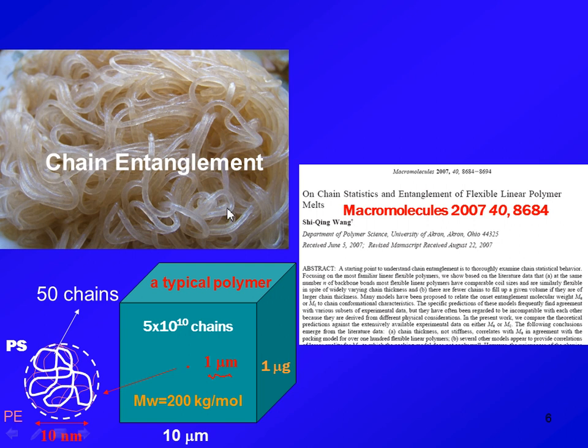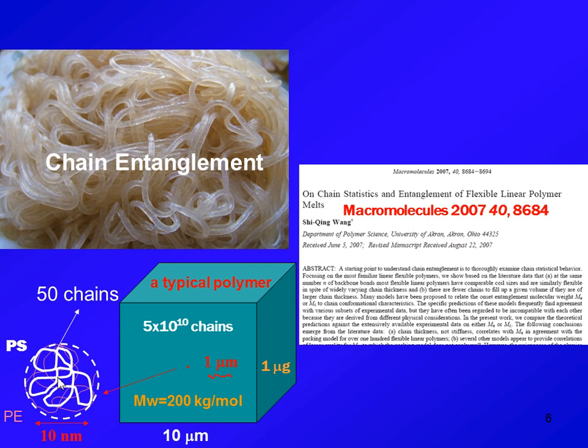But the least we know is that, let it be linear chains, take any coil you have, you find that it occupies a very open space. You need another 50 chains in the same space in order to satisfy the density of that melt. So it's a very crowded situation. All the chains are interpenetrated, mingled together.